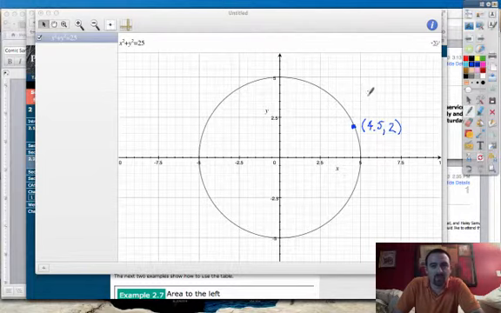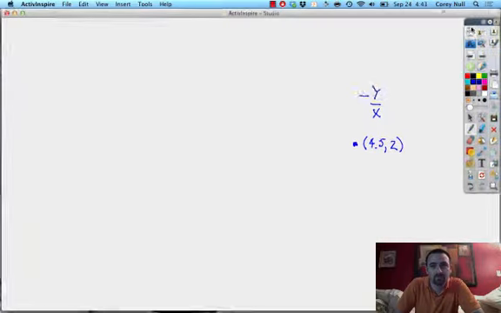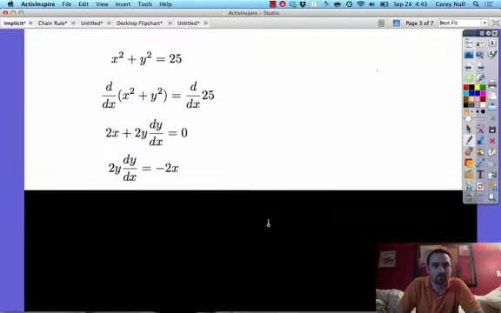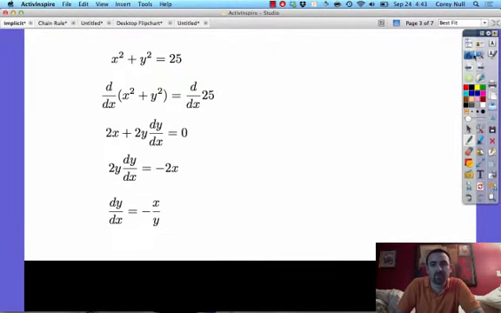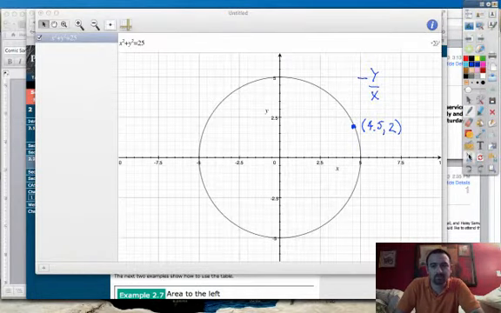The slope at this point is going to be defined by negative, was it y over x? So we had. Pardon me, negative x over y. Everyone makes mistakes, right?